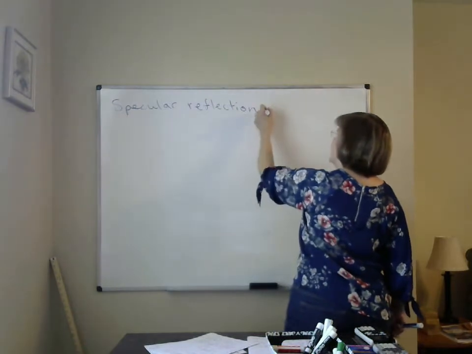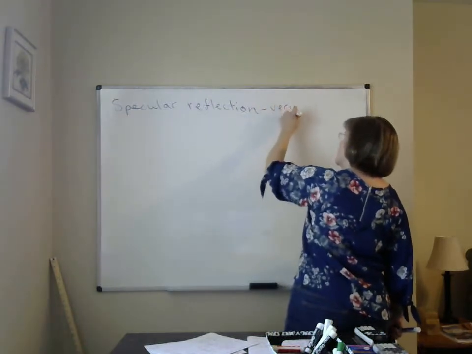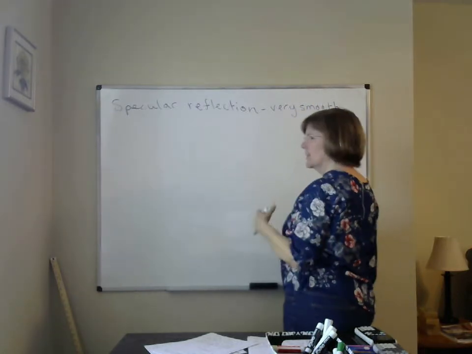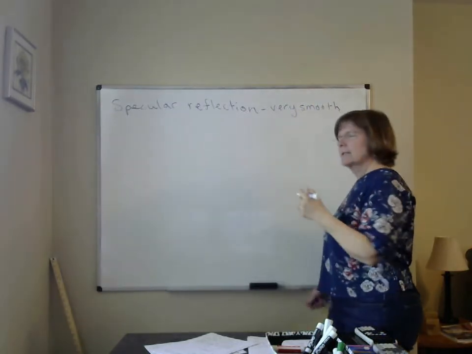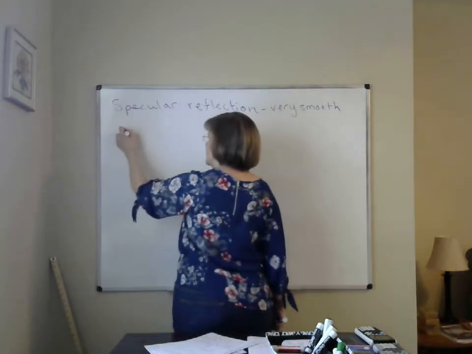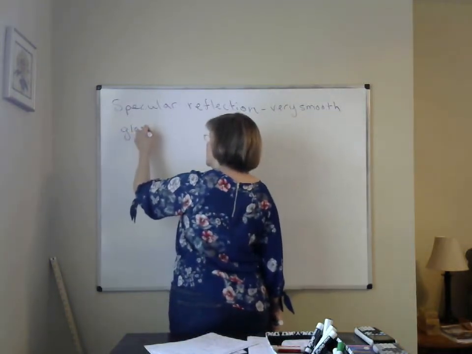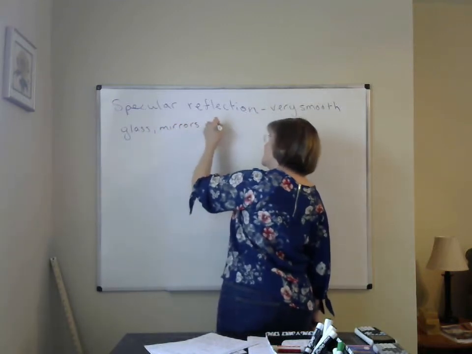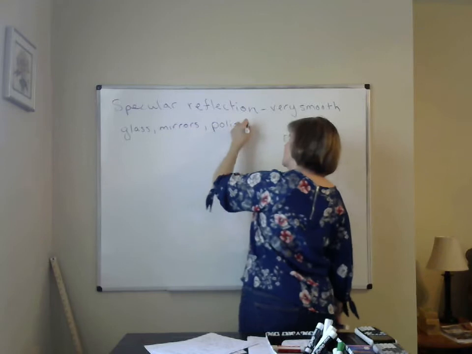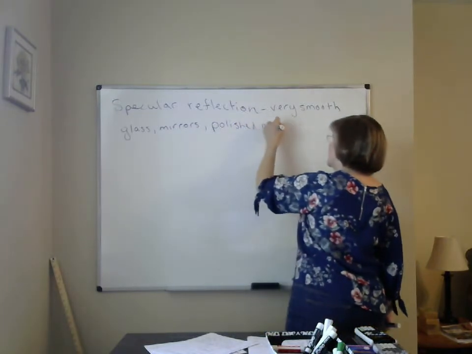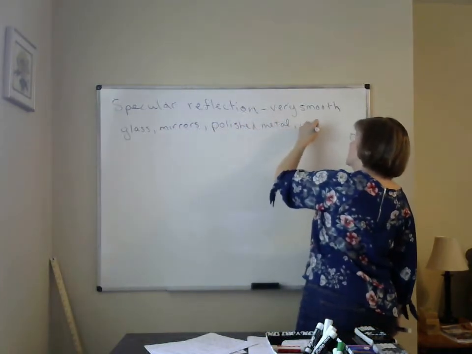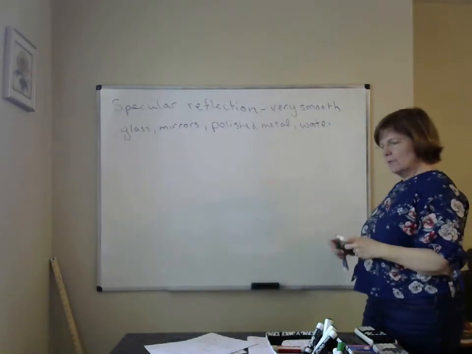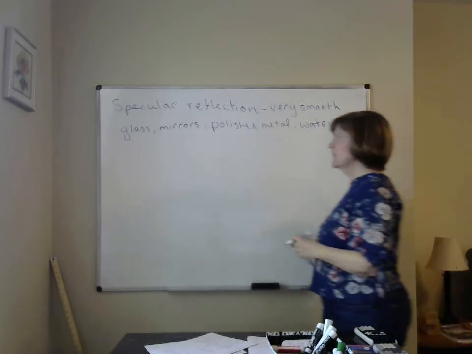Things are very smooth, even at a microscopic level. Those things include glass, mirrors, polished metal, and even water. If the surface of the water is nice and still, all of those things are smooth at a microscopic level.